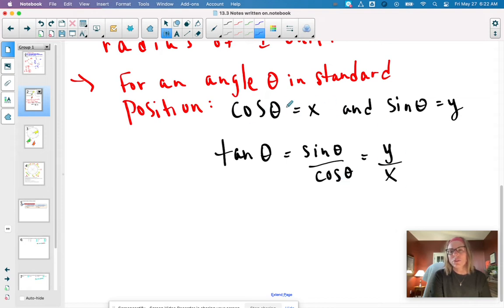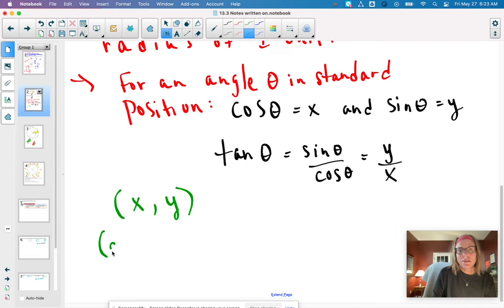Why we're talking in terms of x and y is because we're going to create each of the points on a unit circle, and we know that a point has an x and a y when we're graphing points. And what that means is your x is your cosine theta and your y is your sine theta when we're talking a unit circle.